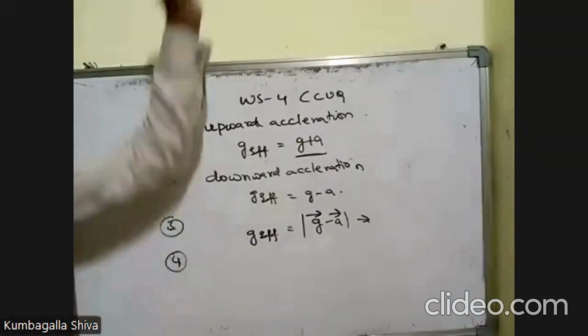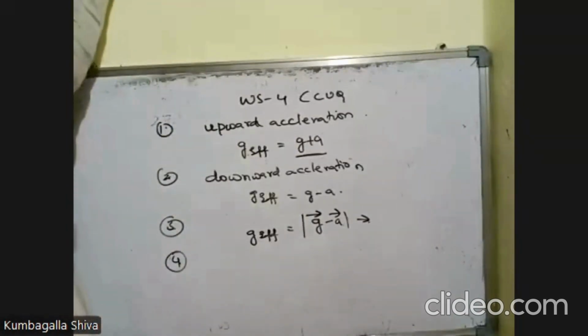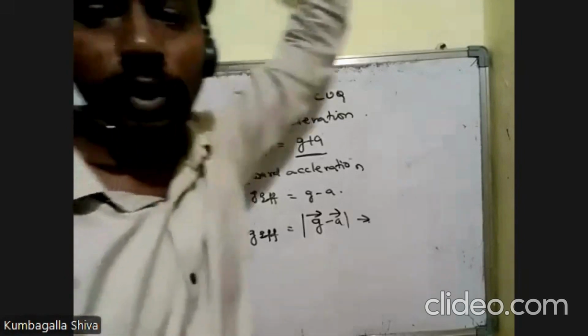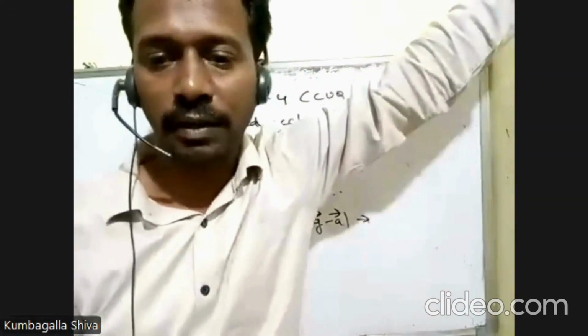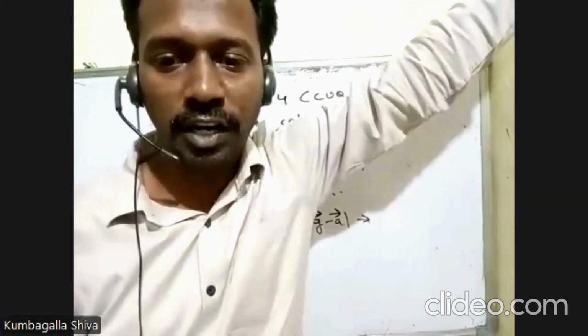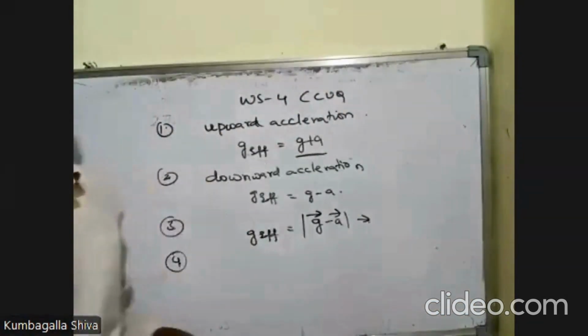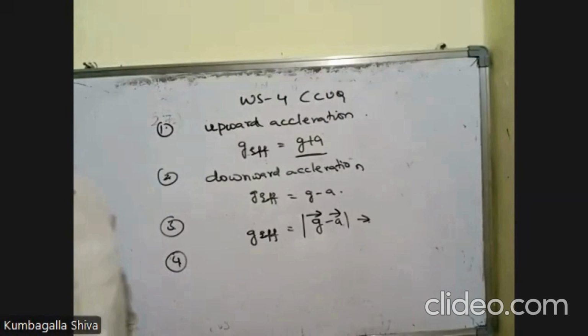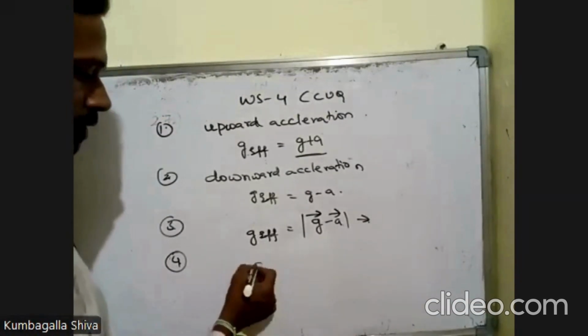Next, fourth. The value of G when the lift is stationary. And fourth, a wooden block is floating in a vessel of water. If that vessel falls freely, the upward thrust on the wooden block would be annulled. What is G effective?